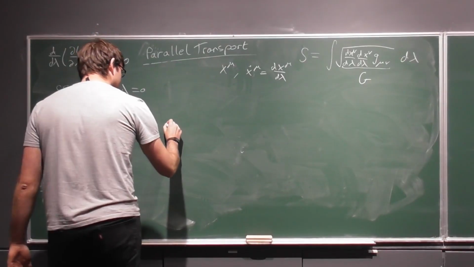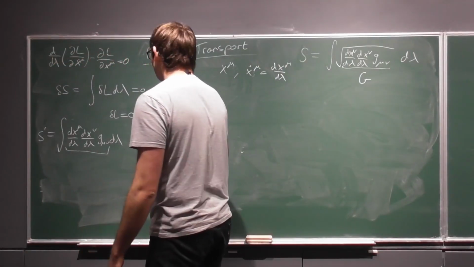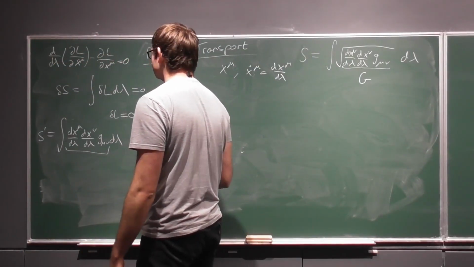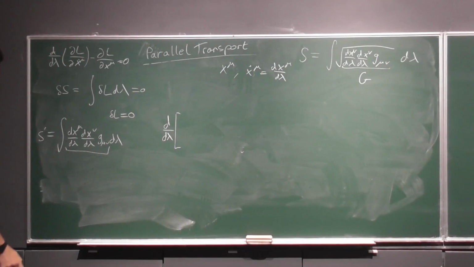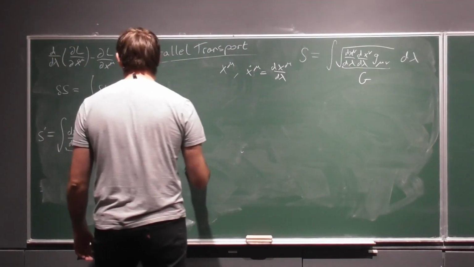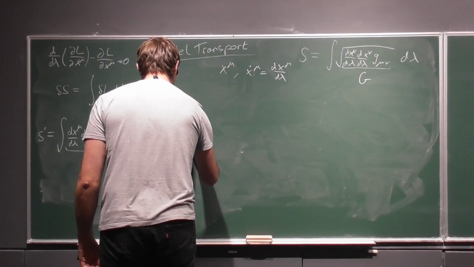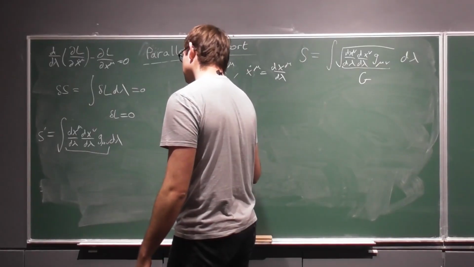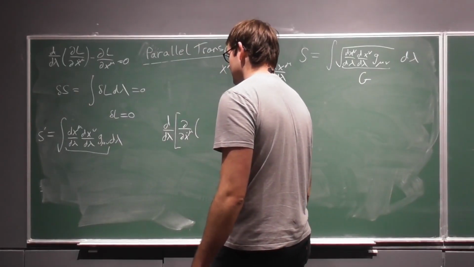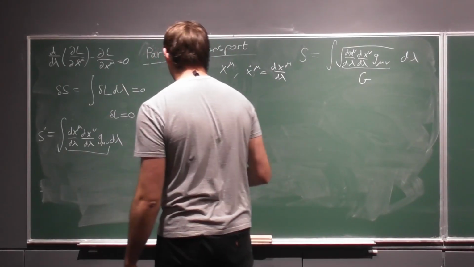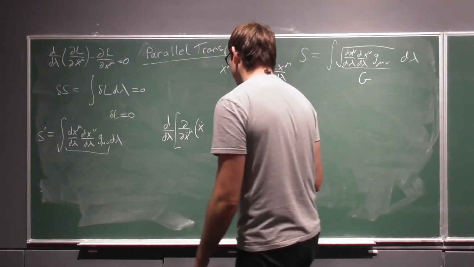So the left-hand side is going to tell us d/dλ of the derivative with respect to x dot^μ, and we need to figure things out. These are both x dots, and we need to be careful not to repeat indices. It's quite clear that the metric won't depend on these x dots, and likewise these x dots won't depend on the coordinates.